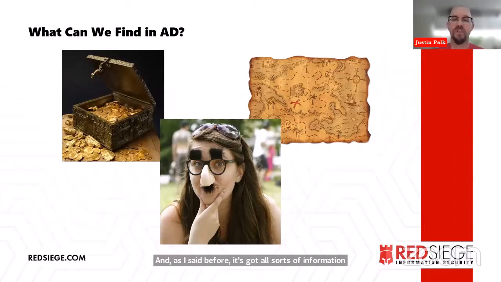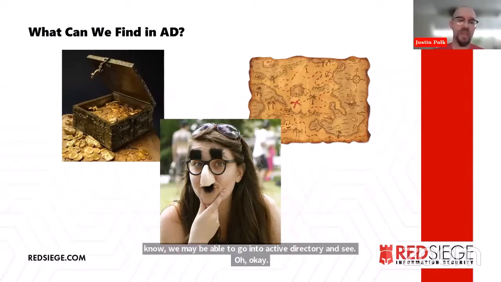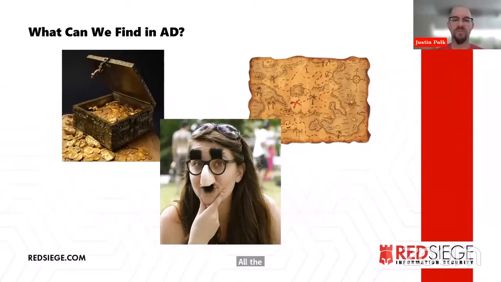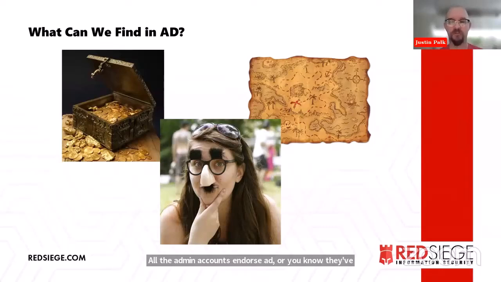When we go looking in here, there's all sorts of things we're looking for. One is the general layout of the organization from an IT perspective. We may be able to go into Active Directory and see, oh, okay, all the admin accounts end in _AD, or there are secondary accounts that have a number after the username that indicates what level of privilege they have.